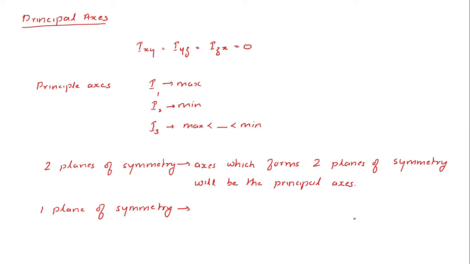So if you have a plane of symmetry and you have an axis that is perpendicular to that plane of symmetry and the corresponding axis that lies on this plane here, okay, this corresponding product of inertia of these two axes will be 0. For example, if this is say x axis and this is y axis, in that case ixy will be equal to 0. We may be able to say which product of inertia is 0, okay. So to get a better understanding of this concept, we shall look into the next question here.